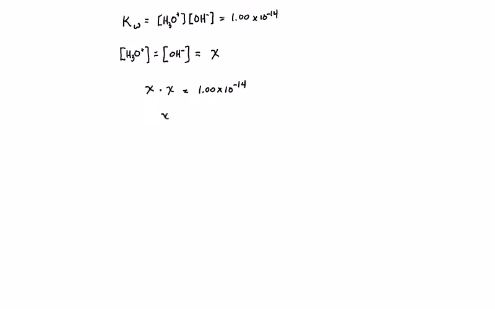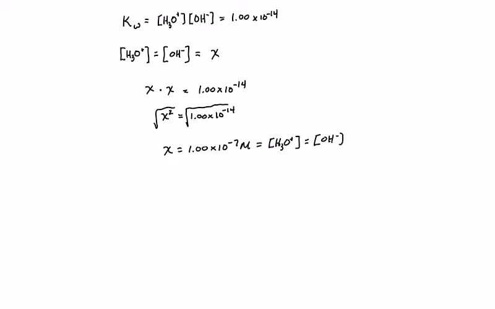So we get x squared equals 1.00 times 10 to the negative 14th, and we can take the square root of both sides here, and we get x equals 1.00 times 10 to the negative 7th molar, which equals the concentration of hydronium, which we said is the same as the concentration of hydroxide.